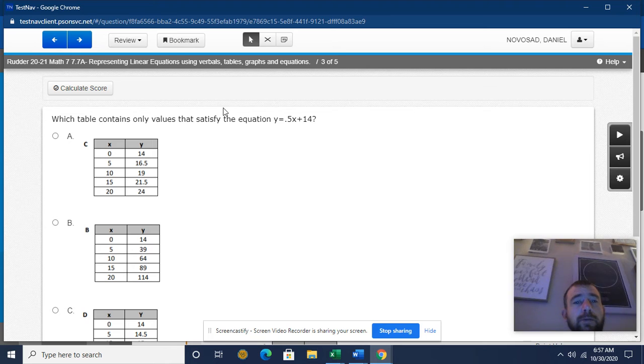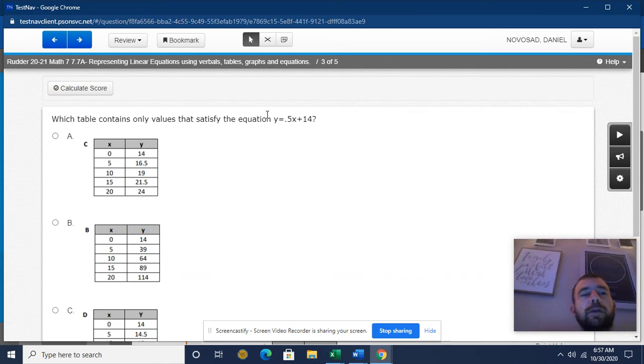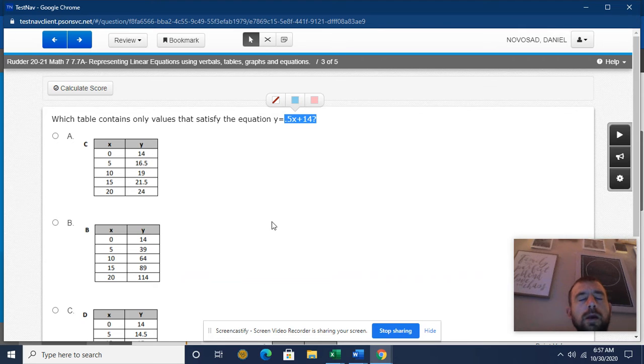This one wants to know 0.5x plus 14. If you do have your calculator accommodation, think about what it means to have 0.5x. What operations do I see in this expression, 0.5x plus 14? If you don't, think about what it means to take 0.5, which really is another way of saying half. What does it mean to take half of something? Like, what is half of 10? What is half of 20?